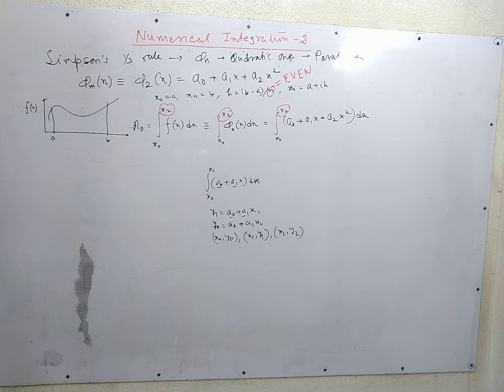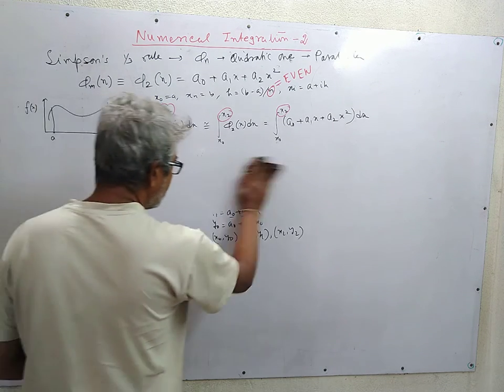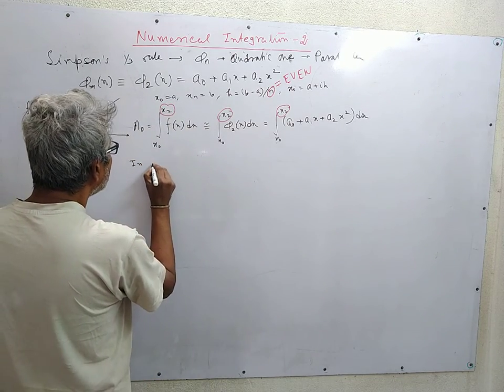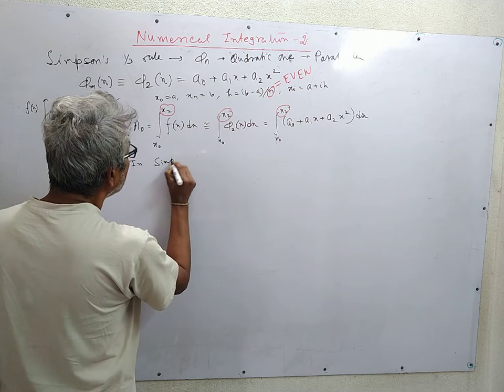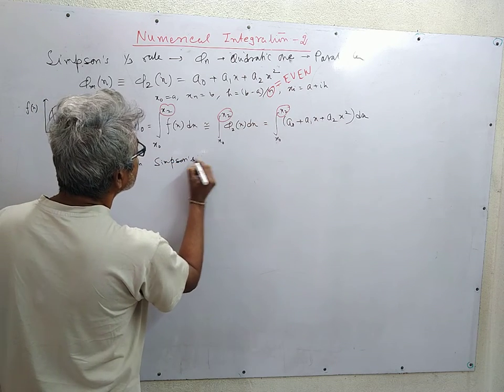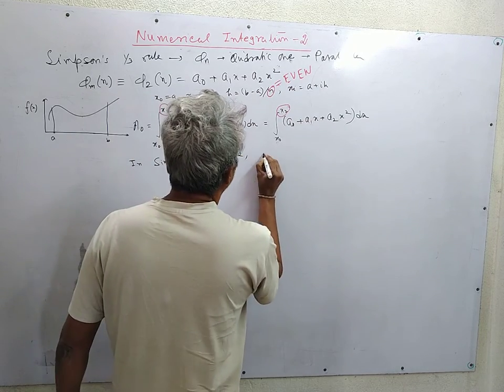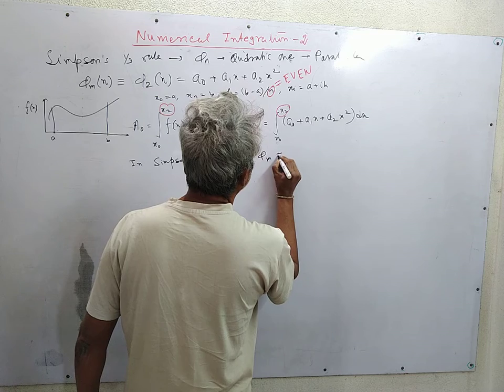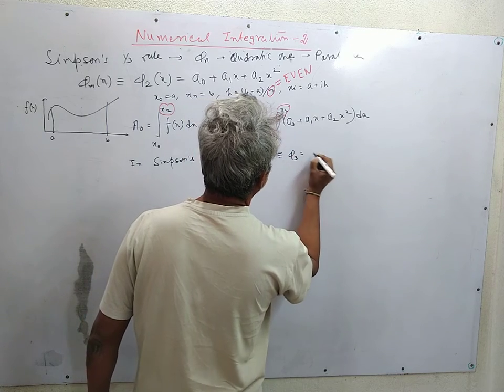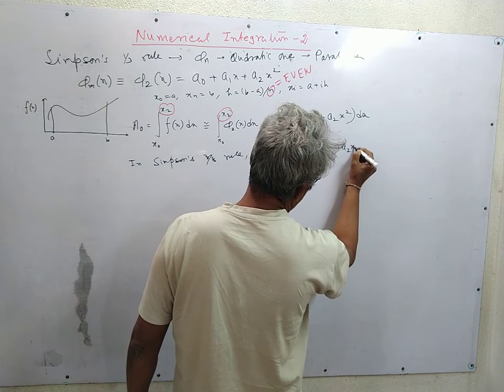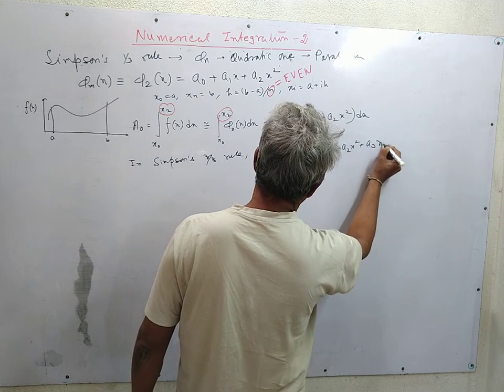If we go to a polynomial of degree 3 as we do in Simpson 3/8 rule, phi m is equal to phi 3 is equal to a0 plus a1x plus a2x square plus a3x cube.